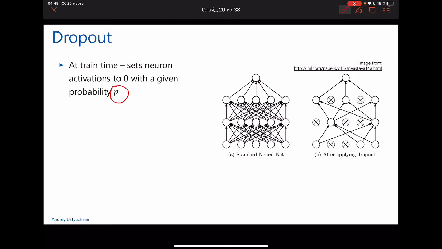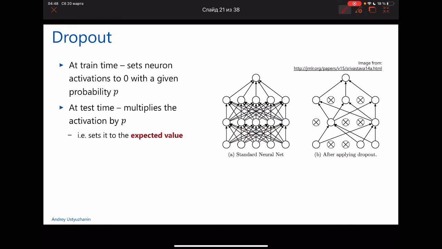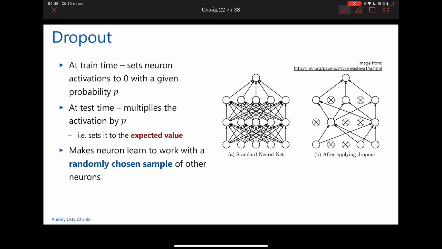Basically, it is a layer that is applied to the neurons of the next layer, essentially performing this zeroing. During test time, it multiplies the activation by p, and sets it basically to the expected value. What it effectively does is make neurons learn to work with a randomly chosen sample of other neurons.